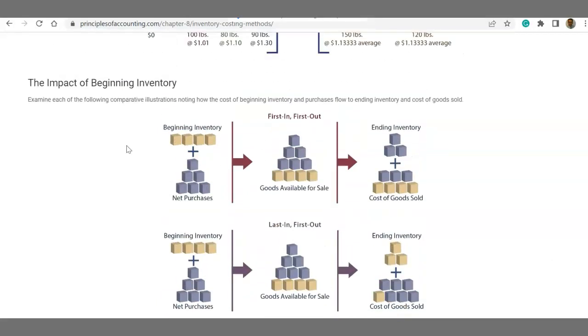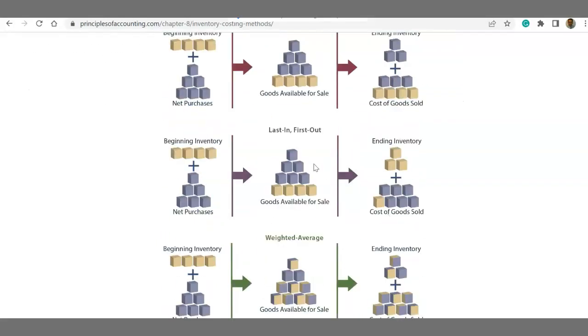Under the FIFO method, the beginning inventory will always be sold because it's first in, first out. So beginning is the first, and that will be sold that year. The ending inventory is always from the purchases that you made latest. And under last in, first out, the beginning inventory, whatever it is, will stay.